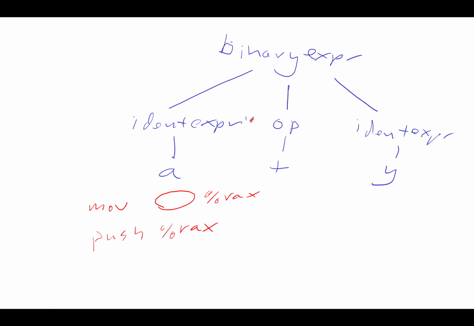So this is by no means the only way to do it, but for every ident expression, the code template that I recommend is to move whatever the address of A is into RAX and then push RAX. So similarly for this ident expression, there'll be a move from some memory location into RAX and then push RAX.